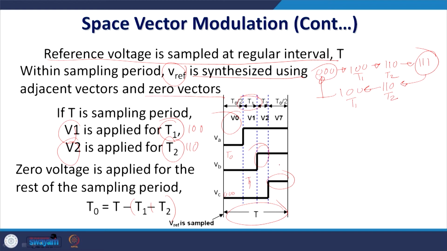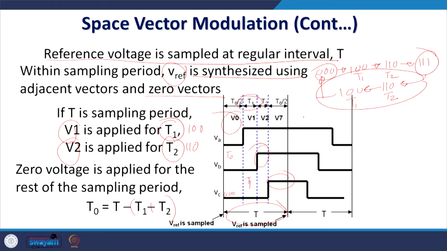This is the way it will work. Now, what happened to this part of it? It will start from 1 1 1 and you continue till it becomes 0 0 0 here.